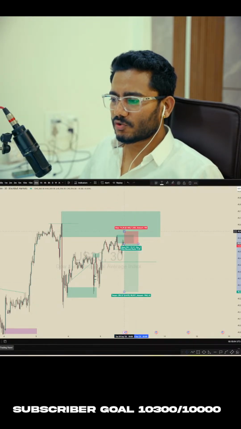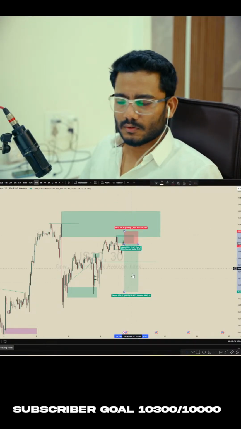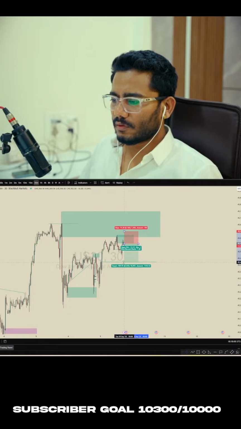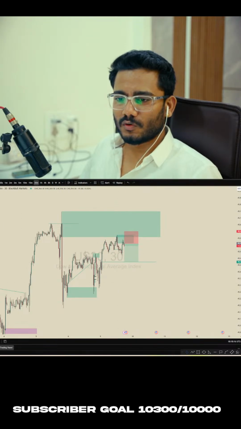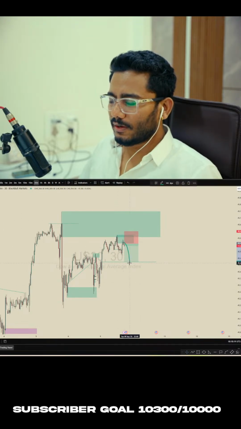Stop loss, keep your stop loss above this high. We'll put our stop loss to break even when price taps this. What can happen? It can tap this order block and then it can continue upside.